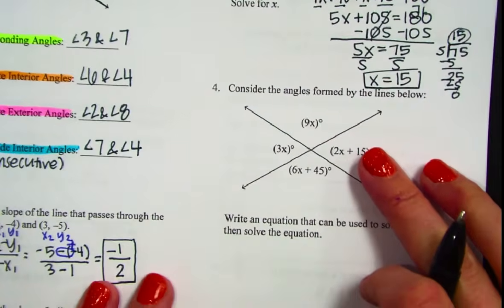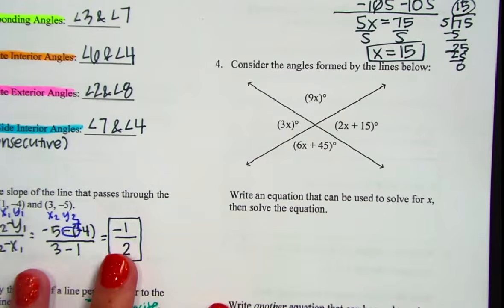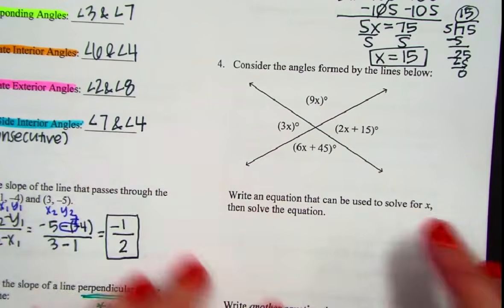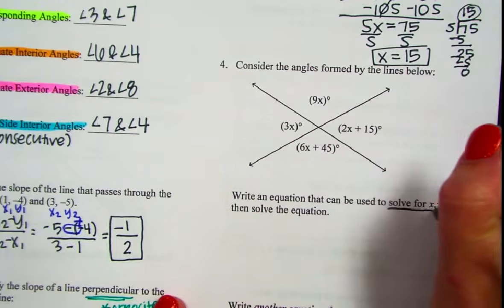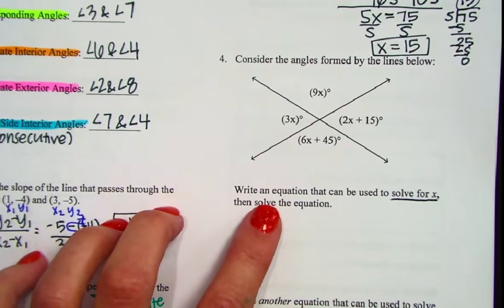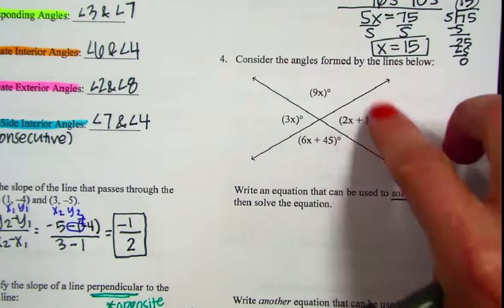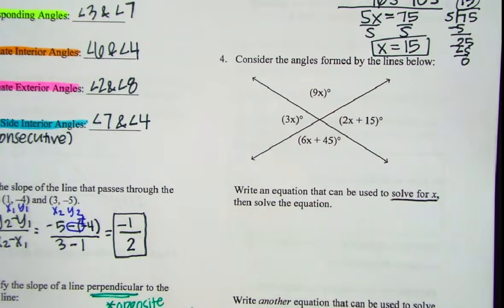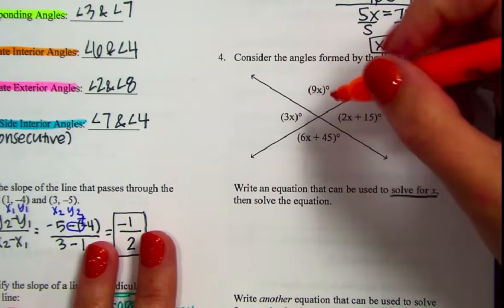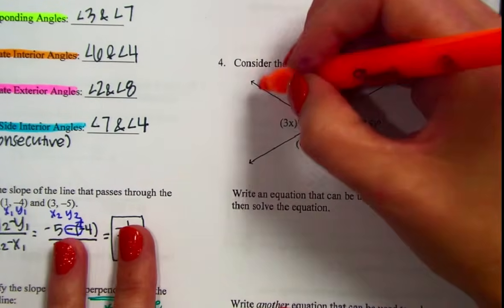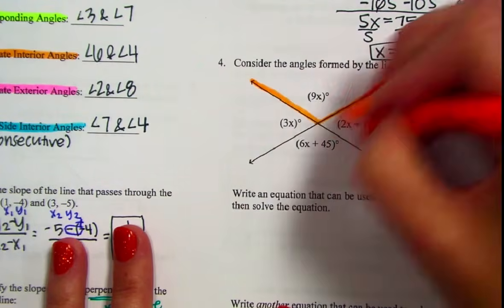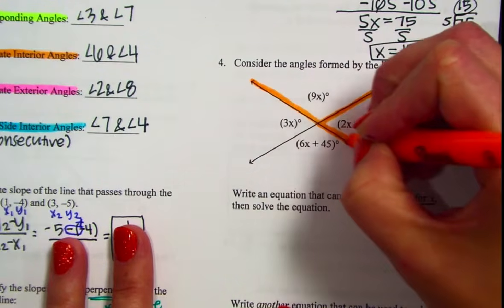For these angles formed by the lines, we're going to write an equation that can be used to solve for x, and then we're going to solve. So we have actually a few equations that we can come up with from here. So one equation I'm going to look at first would be if I looked at these two. So this angle here and this angle, these two angles form a line.